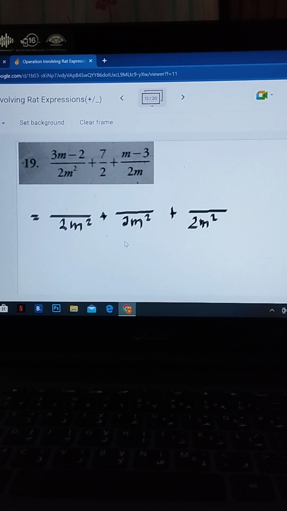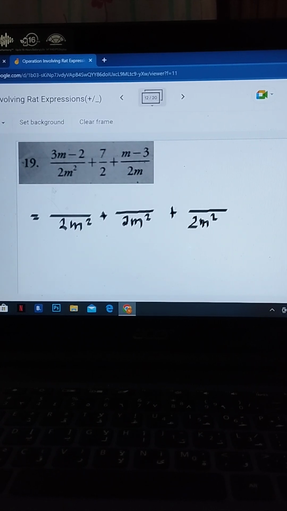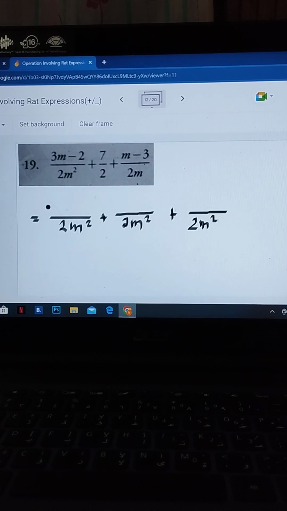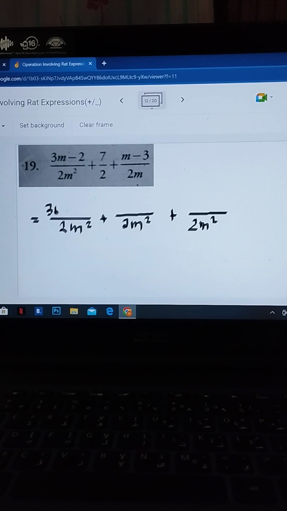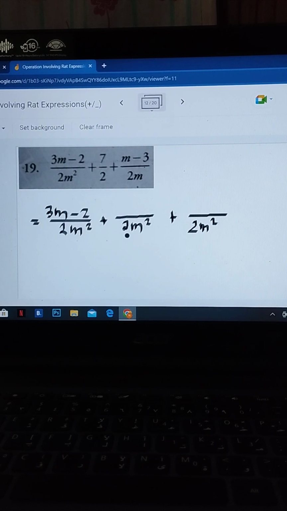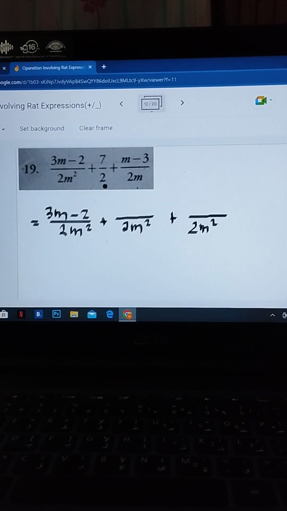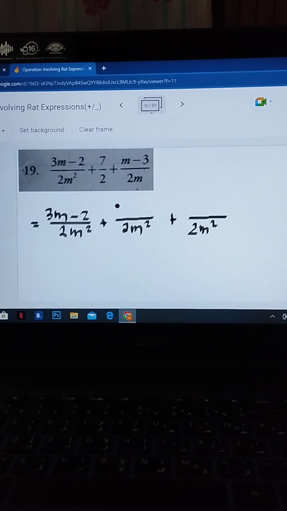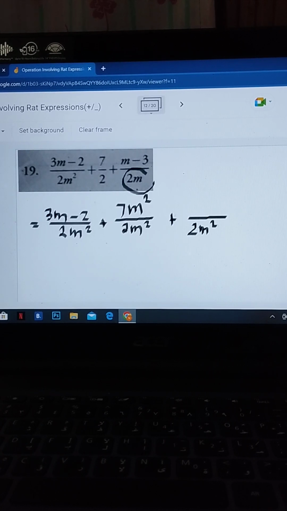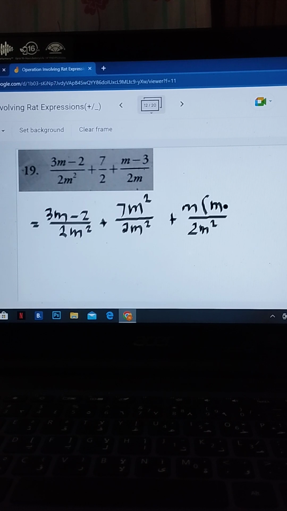Okay, so for number 19, 2m squared divided by 2m is equal to m, times 3m minus 2. So 3m minus 2. Next is 2m squared divided by 2 is equal to m squared times 7. So 7m squared. 2m squared divided by 2m is equal to m, so m times m minus 3.